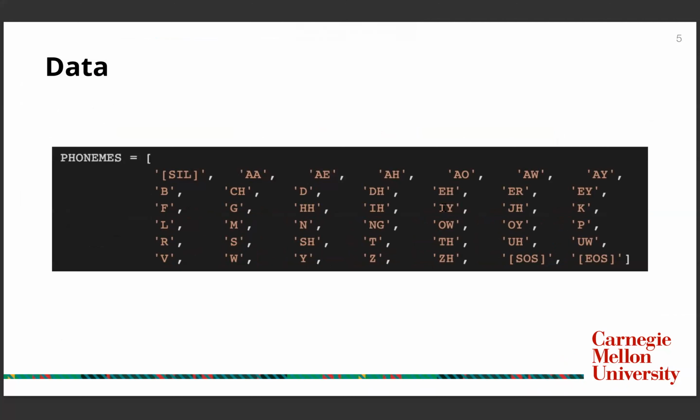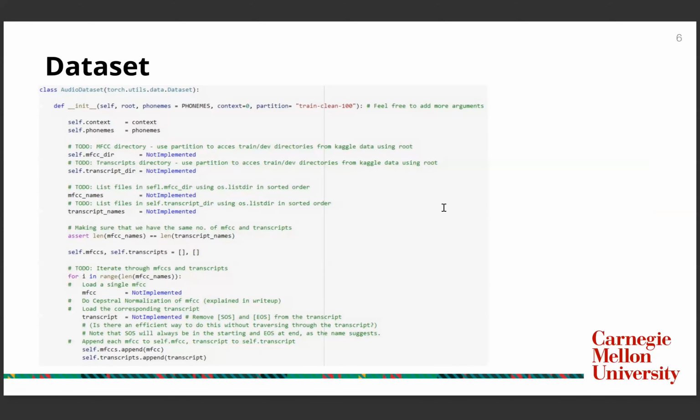The SIL stands for silence, and the SOS stands for start of segment, and the EOS stands for end of segment. So these are markers that you place at the start and end of each segment or sentence to fully translate whatever audio segment that is to a transcribable text. All right. Next slide, please.